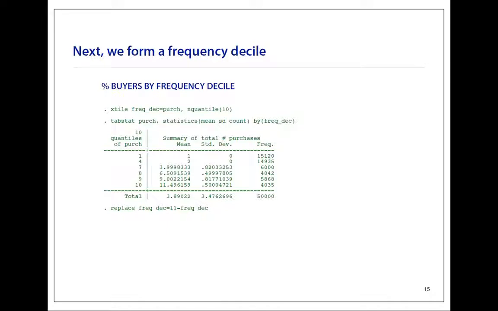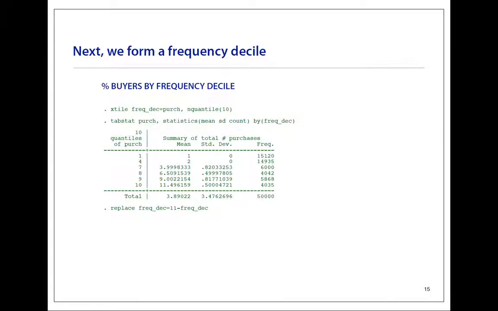Here, it turns out the first group made the least purchases, and the last group made the most purchases. In other words, the ranking of the groups was flipped. It's wrong. We need to flip it back.